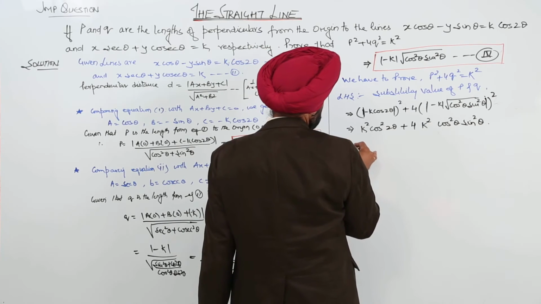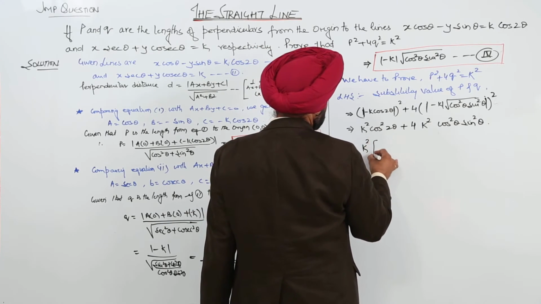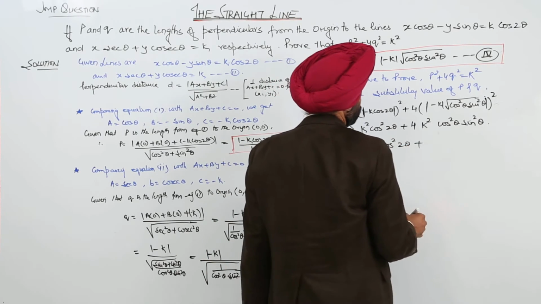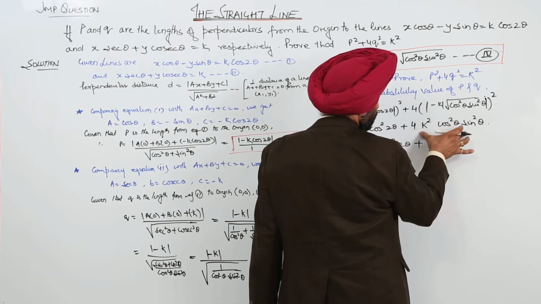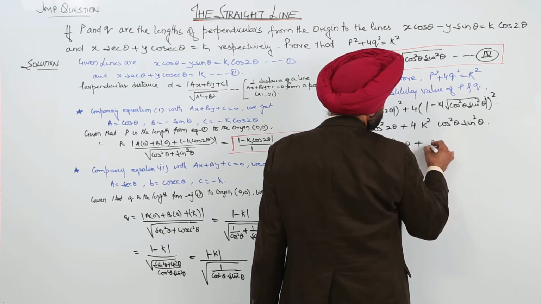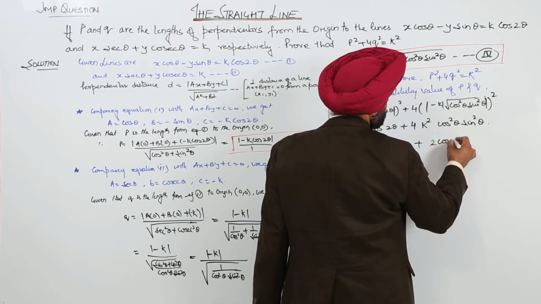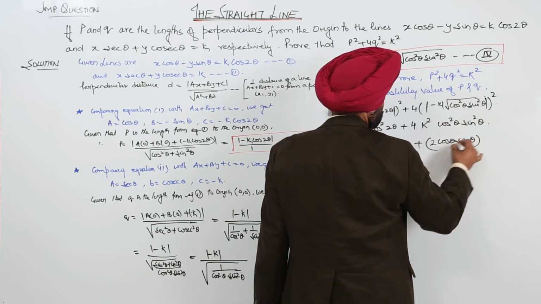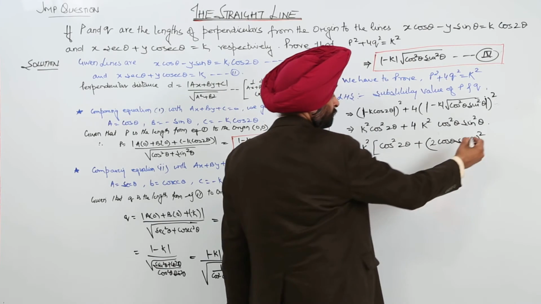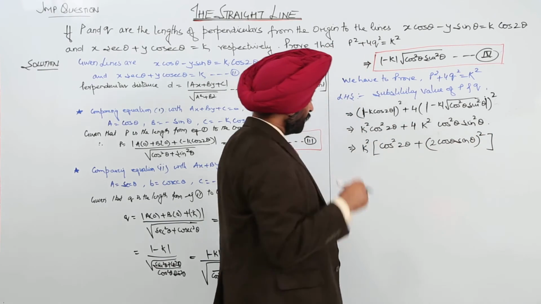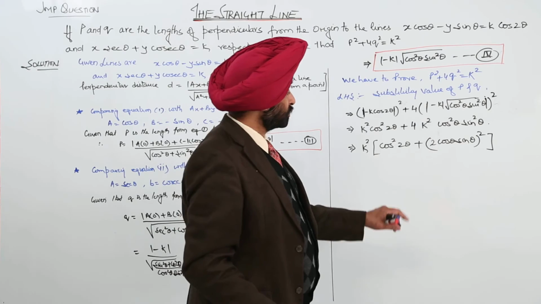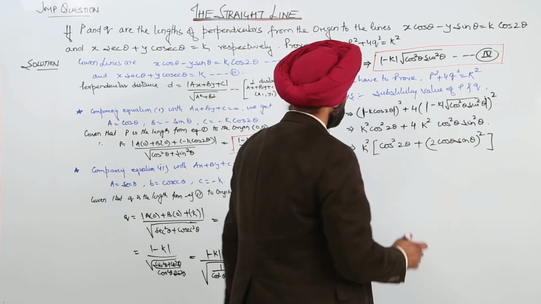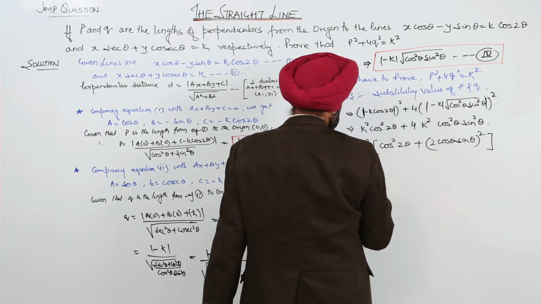Now we can take k square common, and inside we are left with cos square 2 theta plus, to this part we can write 2 cos theta sin theta whole square. We are left with 4 cos square theta sin square theta. So 4 times cos theta sin theta whole square is 4 cos square theta sin square theta.